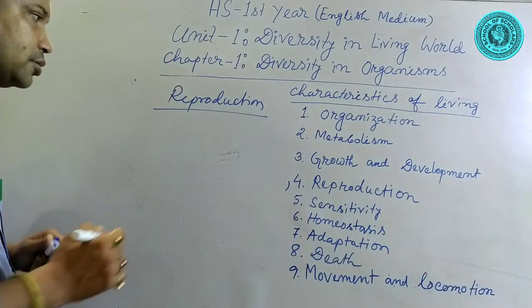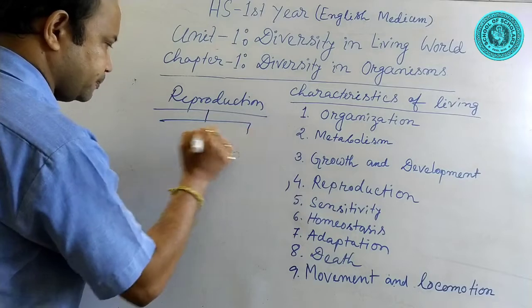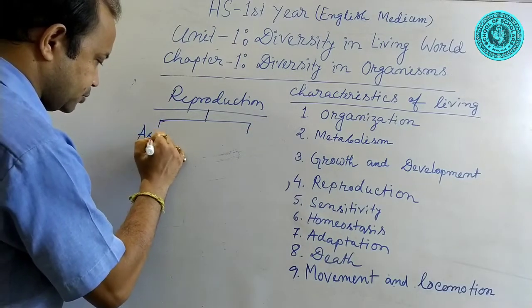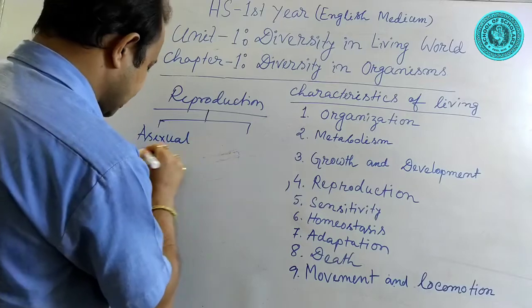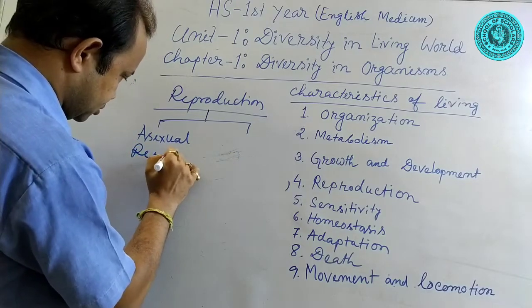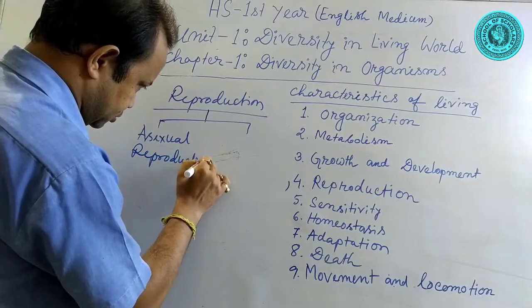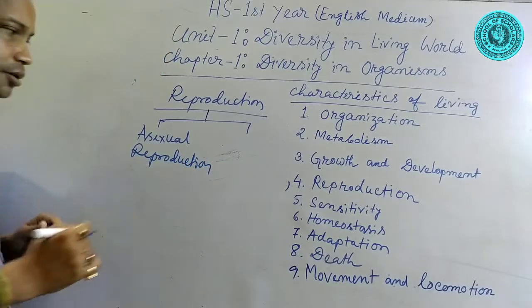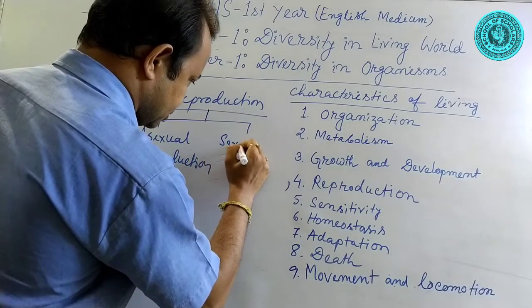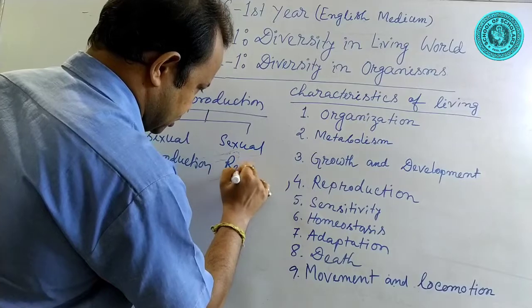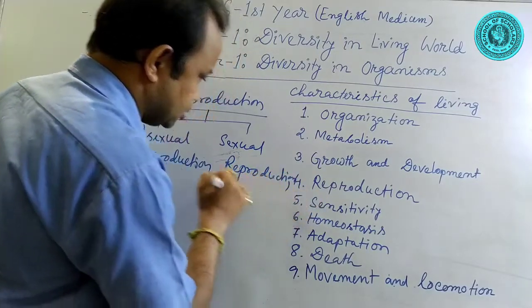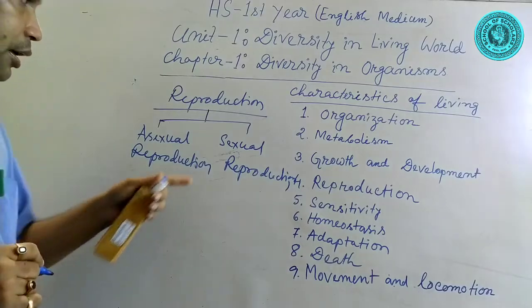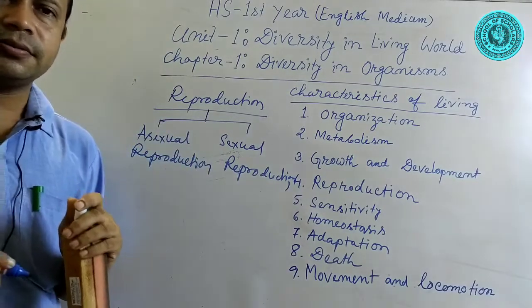This is called reproduction. There are two forms of reproduction: asexual reproduction and sexual reproduction.